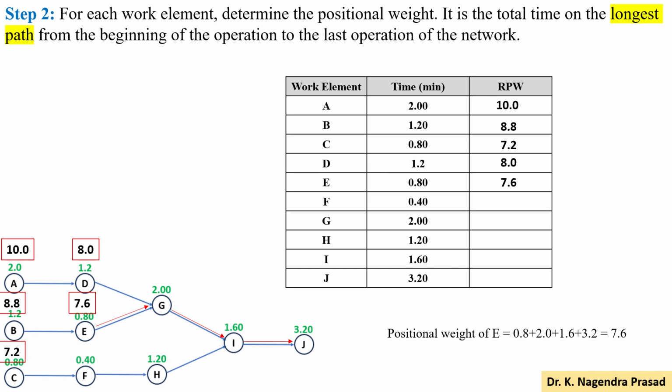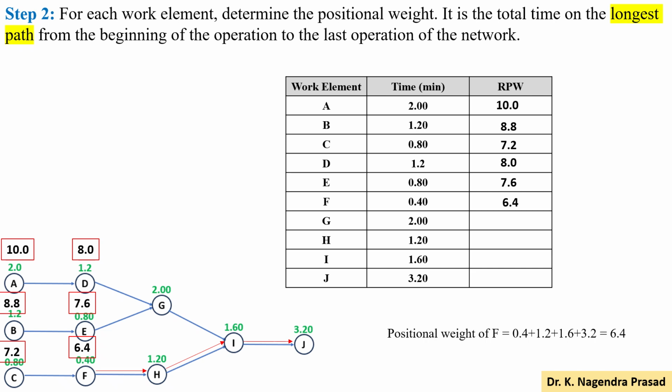And next for the work element F, the longest path is FHIJ, and positional weight is 0.4 plus 1.2 plus 1.6 plus 3.2. It is 6.4. So RPW value for the work element F is 6.4.